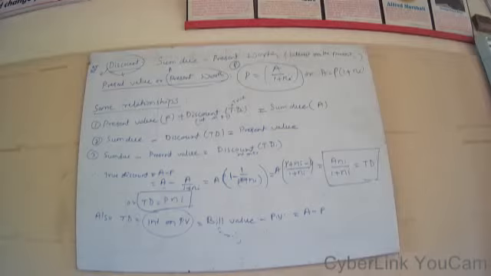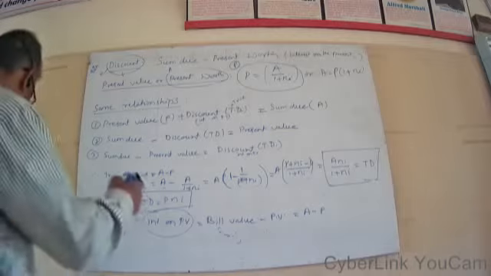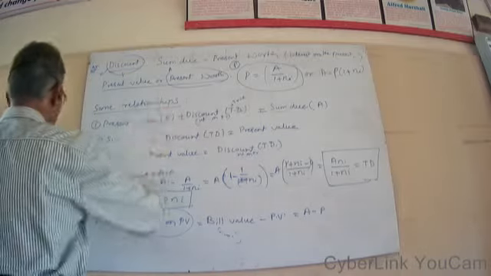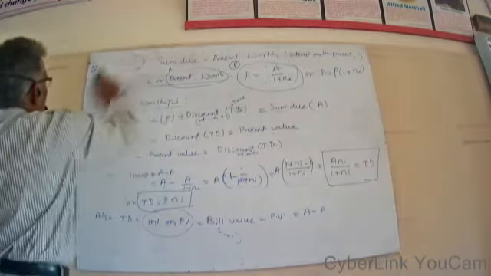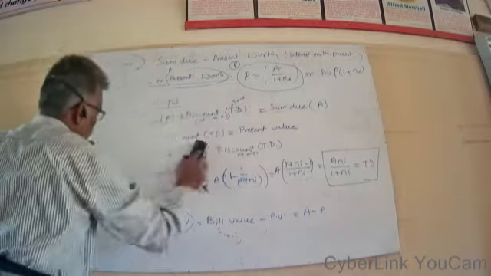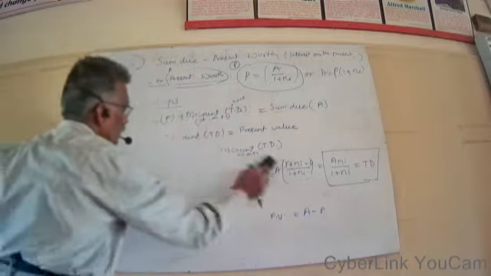So I can take up an example so that it becomes clear. If a person invests rupees 100 today, investing rupees 100 means that is the present value.